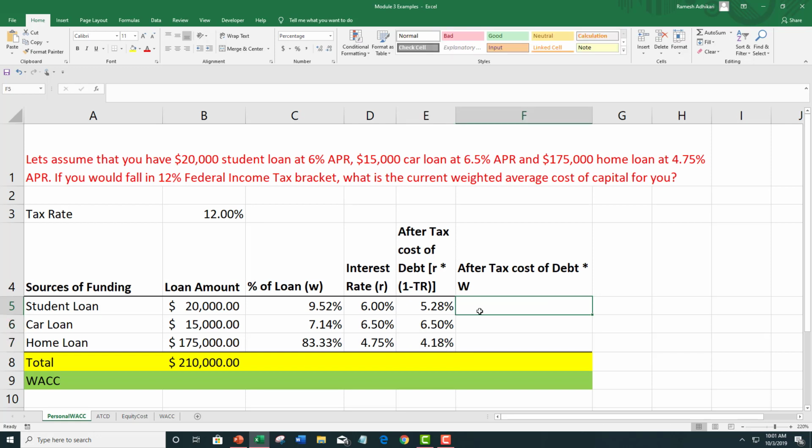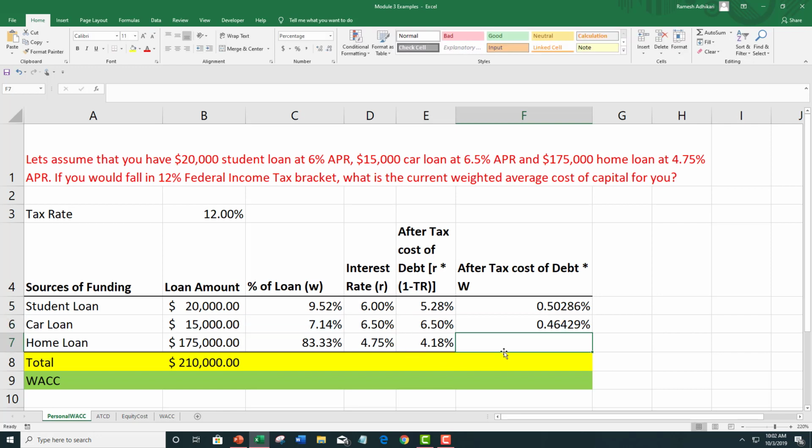And in step 3, what you would do is simply multiply proportion of your loan by the after tax cost, right? And once you do it for one, you can drag it, or you can do it individually. This is weight of the car loan times after tax car loan, right?